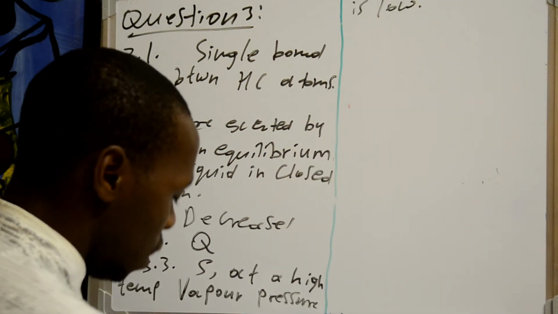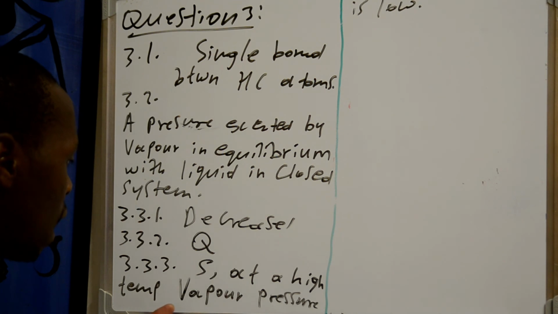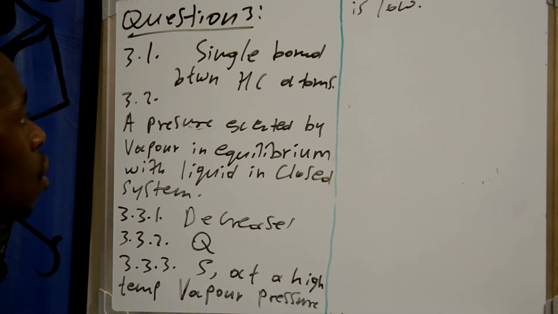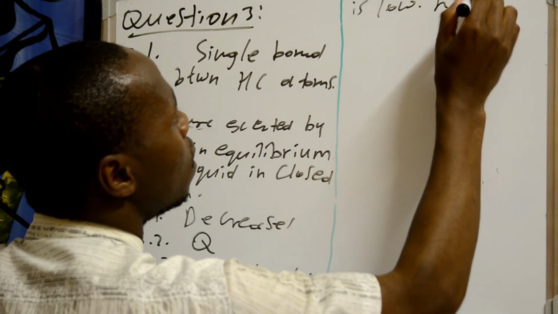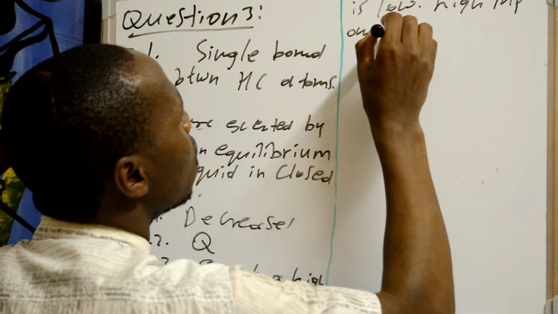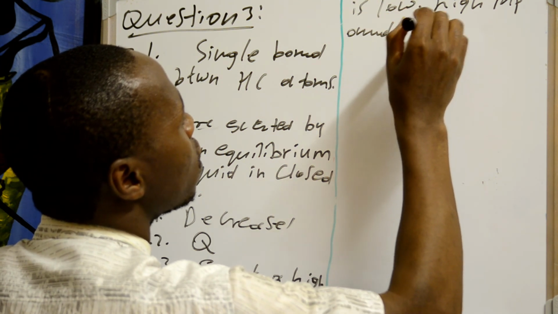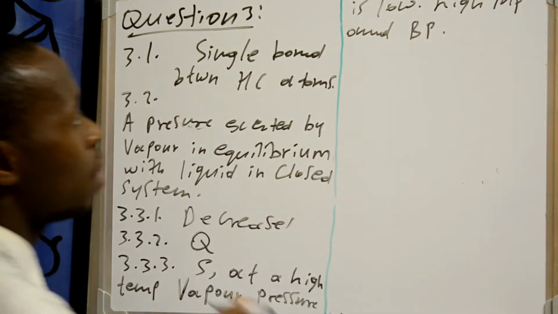If the temperature is high and the vapor pressure is low, it will end up having the highest melting point and boiling point. We know the vapor pressure is very low.